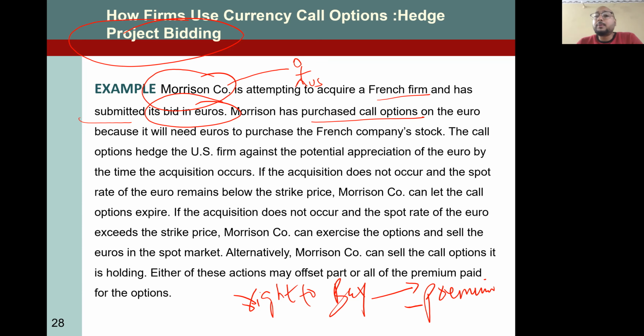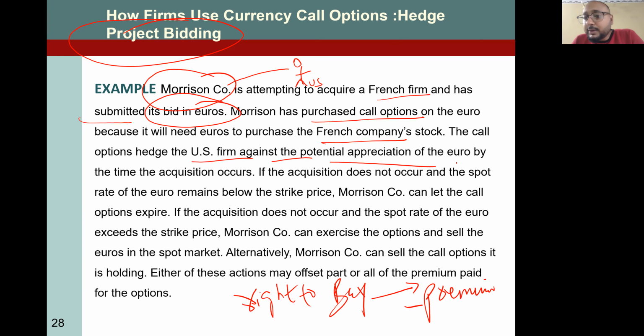For a French company, they need to pay in euros. So they purchased a call option, the right to buy euros, because they will need euros to purchase the French company stock. The call option hedges the US firm against any potential appreciation of the euro.